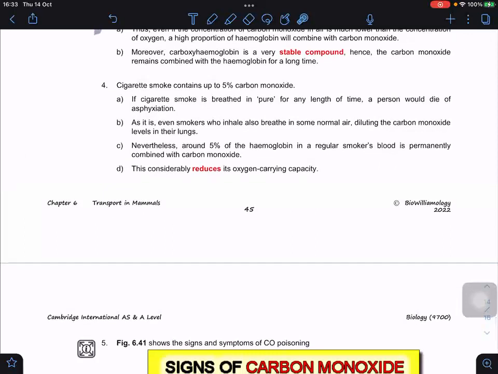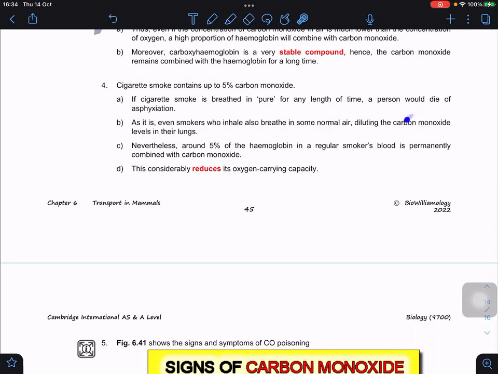Cigarette smoke contains about 5% carbon monoxide. If cigarette smoke is breathed in pure for any length of time, we will die of asphyxiation, meaning not enough oxygen, because our hemoglobin will bind to the carbon monoxide that we inhale. But even for smokers who inhale, when you smoke, we also breathe in some normal air.